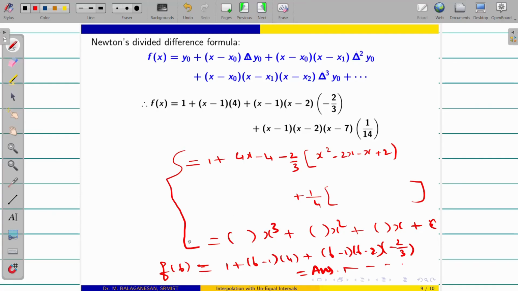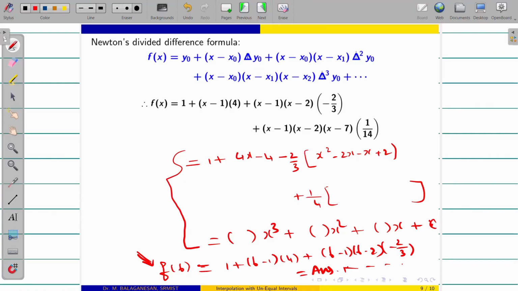You may ask, sir, why do we have to do it like that? Because while you are multiplying in that way, you may make some mistakes. While you are constructing a polynomial, if there is any plus or minus mistake, in the final answer you won't get the exact answer. That's why, in the place of x, replace x by 6 and try to find the answer first, and then construct the polynomial.